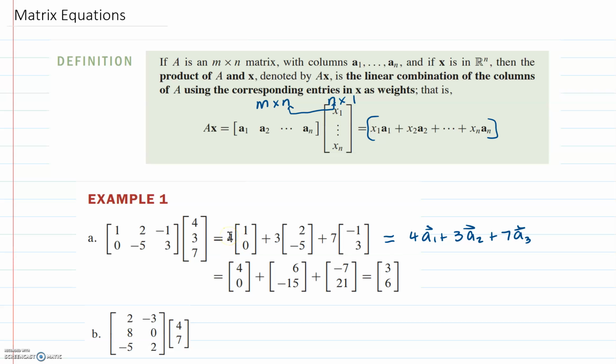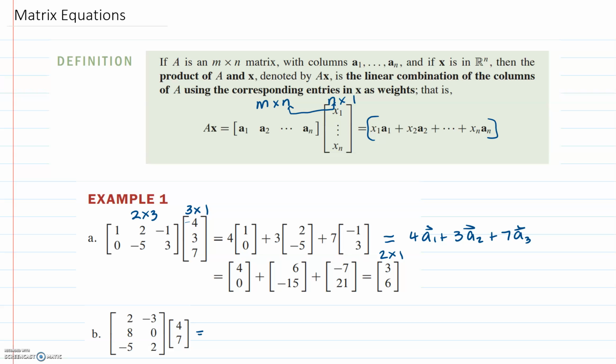Again, this X1 is the 4, X2 is the 3, and X3 is the 7. And you're going to have here A1, A2, and A3. And if you do that, you're going to end up with a 2 by 1. And this is a 2 by 3. This is a 3 by 1. The two inner numbers are equal, and it ends up with a 2 by 1.